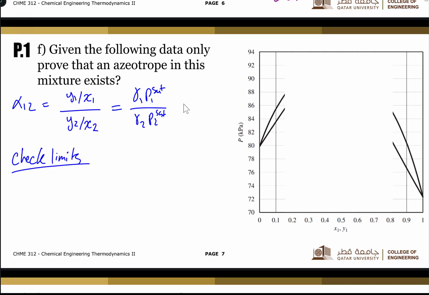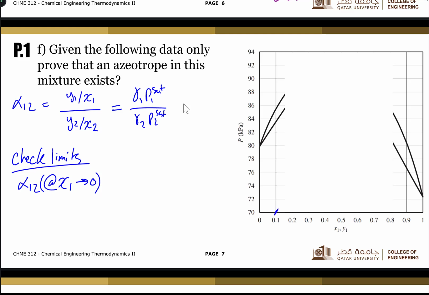In this case, we're going to take alpha 1, 2 at x1 approaching 0. So we take a point close to x1 equals 0 on this figure. I picked 0.1.